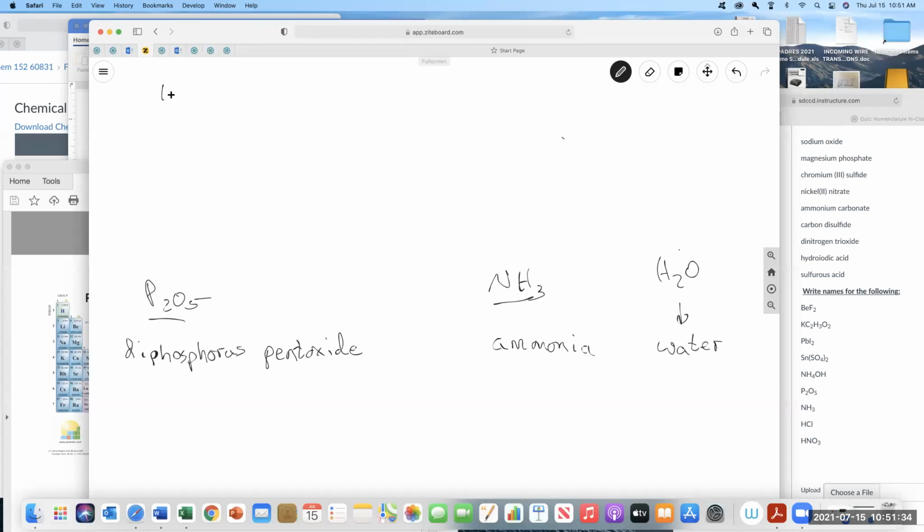So HCl and HNO3. Okay, so both of these are acids. You know that because they begin with H, except for H2O. So this is something acid. How do we know this is a binary acid? Because there's only two elements.